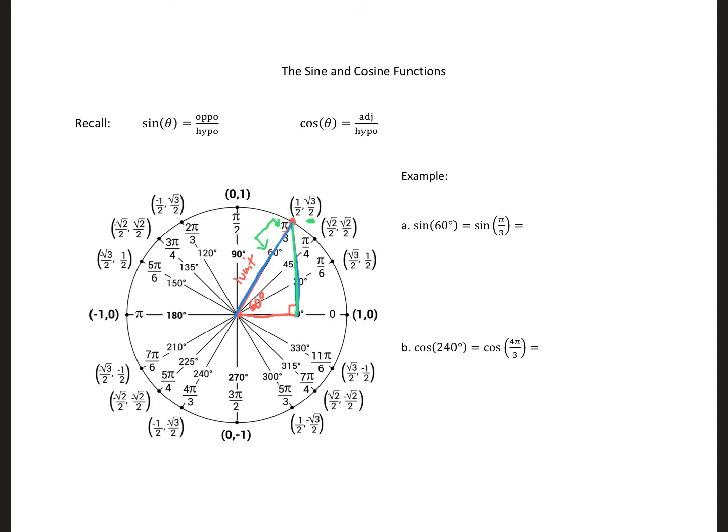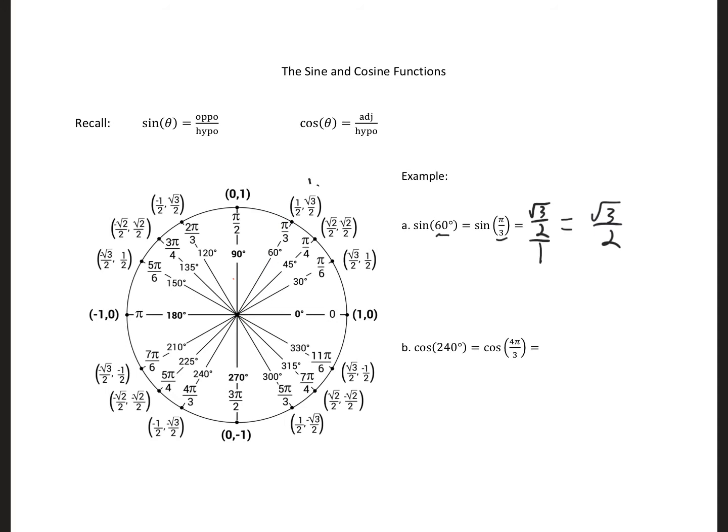So the opposite side has a length of square root of 3 over 2. And the hypotenuse, as we just discussed, has a length of 1. Square root of 3 over 2 divided by 1 is square root of 3 over 2. Notice how sine of 60 is the same thing as sine of pi over 3, and it equaled this y coordinate. That's going to be important in a second.